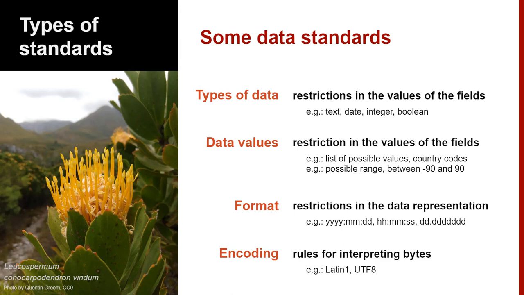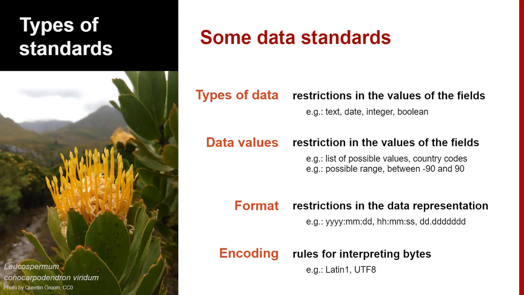For example, in the case of geographic coordinates, and if we talk in particular about latitude, it can only take values between -90 and 90. There are format standards, which refer to restrictions in the representations of the data. An example could be if we express a date as year, month, and day, and how many digits we use to describe each one.